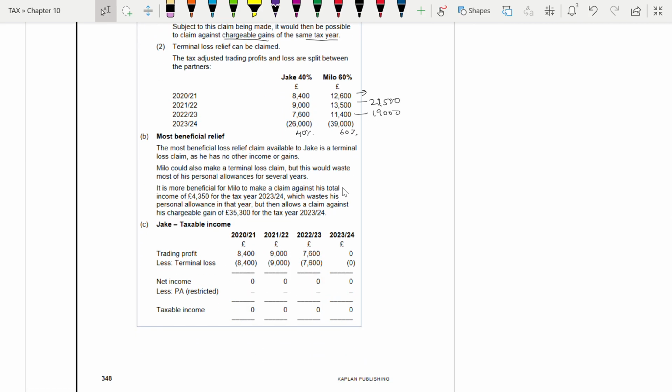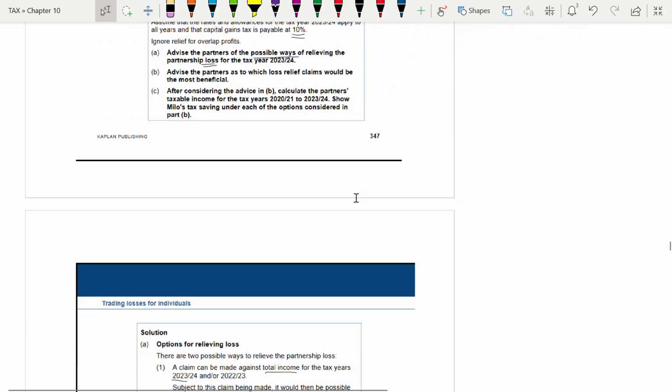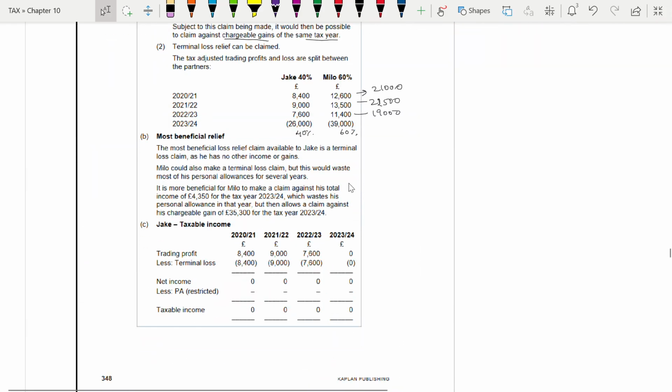If we take this one, 13 plus 8, 21,000. Check. They have shared the profits between 40% and 60% for the last 3 years.